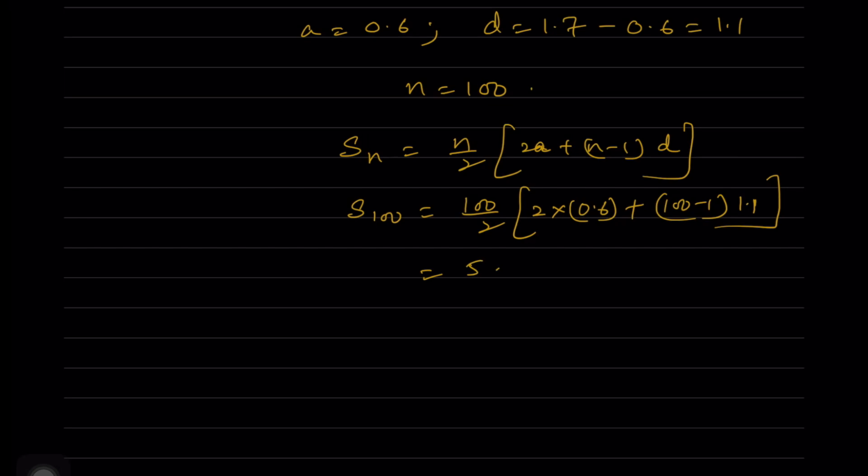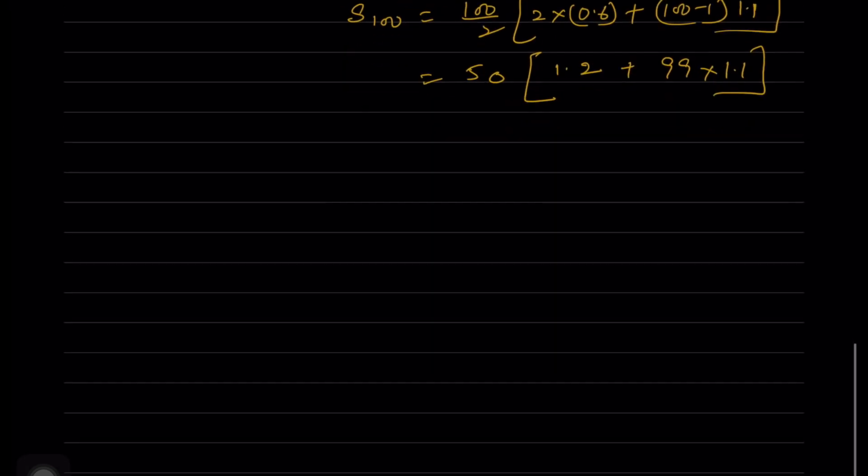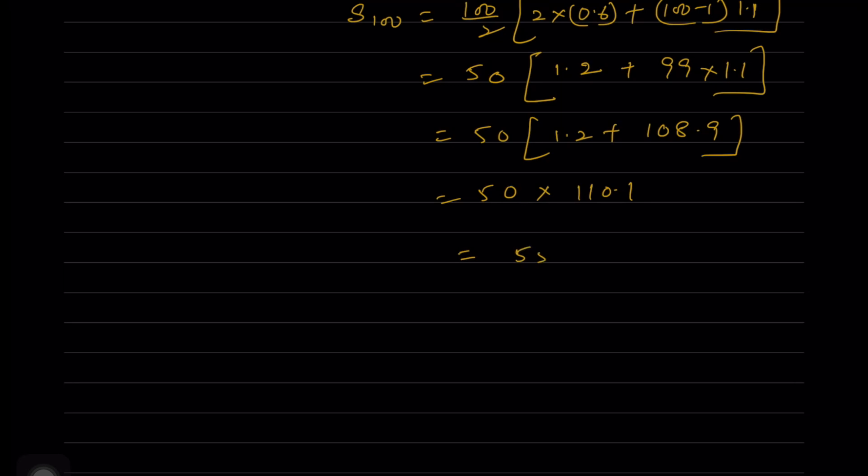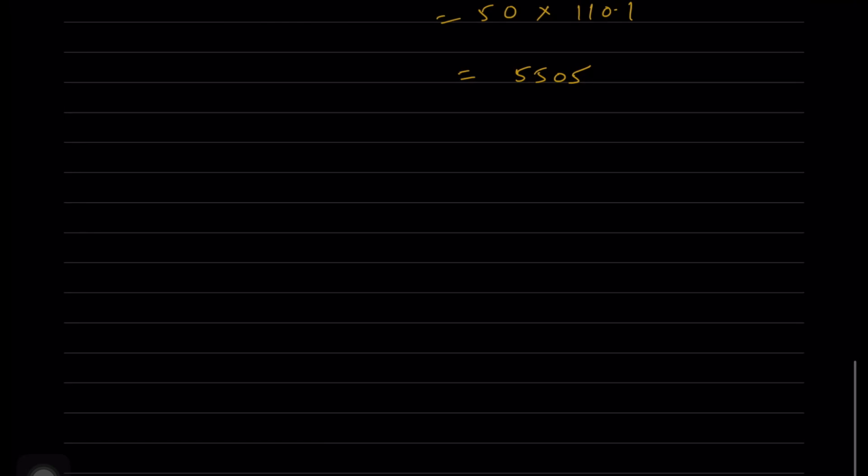So which is equal to 50 into 1.2 plus 99 into 1.1, which is 108.9, which is equal to 50 into 110.1, which is equal to 5505. That's the answer.